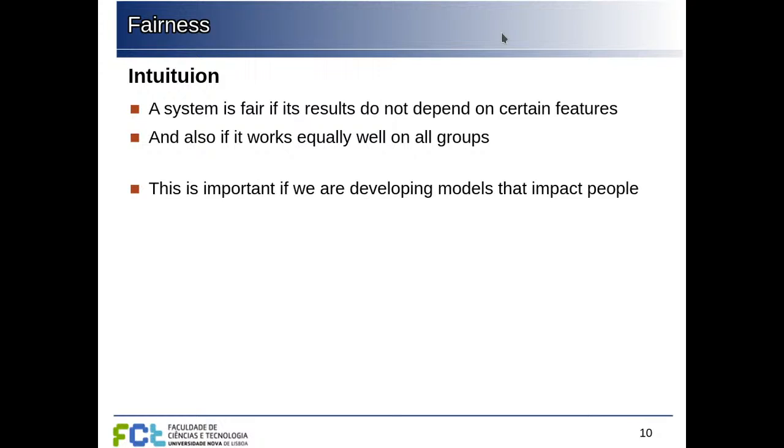And a basic idea here that I think is important to stress is that this is increasingly important the more the method impacts on people, on society, and so on. So fairness in the network that you're using to sort your vacation photos is not really a significant problem.